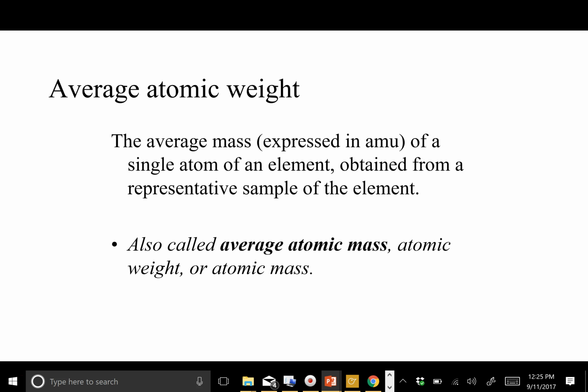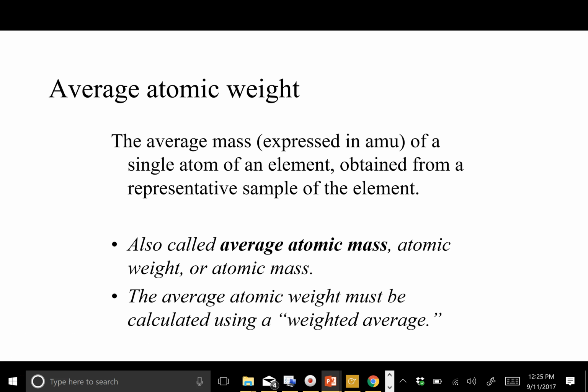Synonyms for average atomic weight are average atomic mass, atomic weight, or atomic mass. They all mean the same thing. Like I said, we're going to have to take into consideration what Mother Nature gives us before we come up with a single decimal number up on a periodic table.